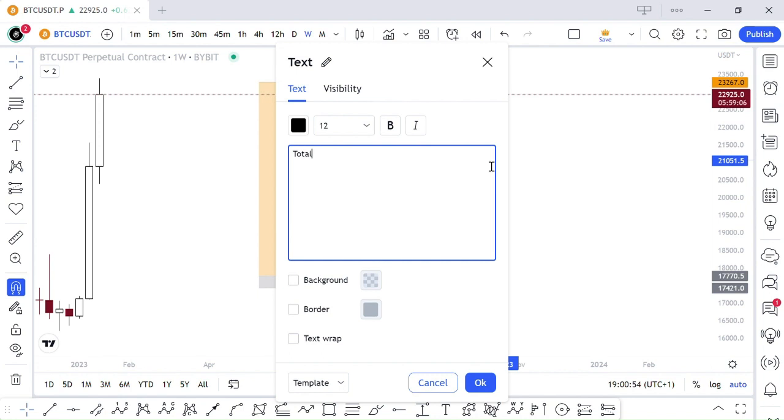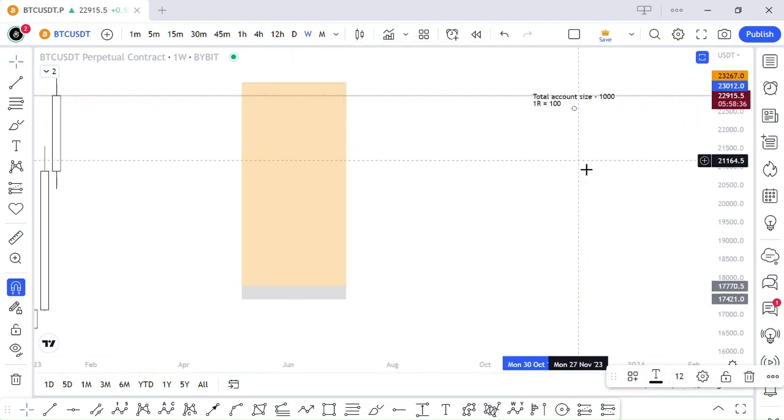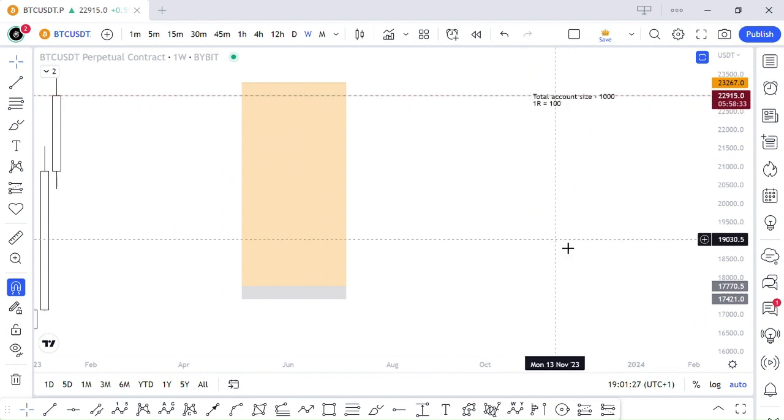Wait, let me write down everything. Our total account size is $1,000. 1 hour is $100. You need to remember that.